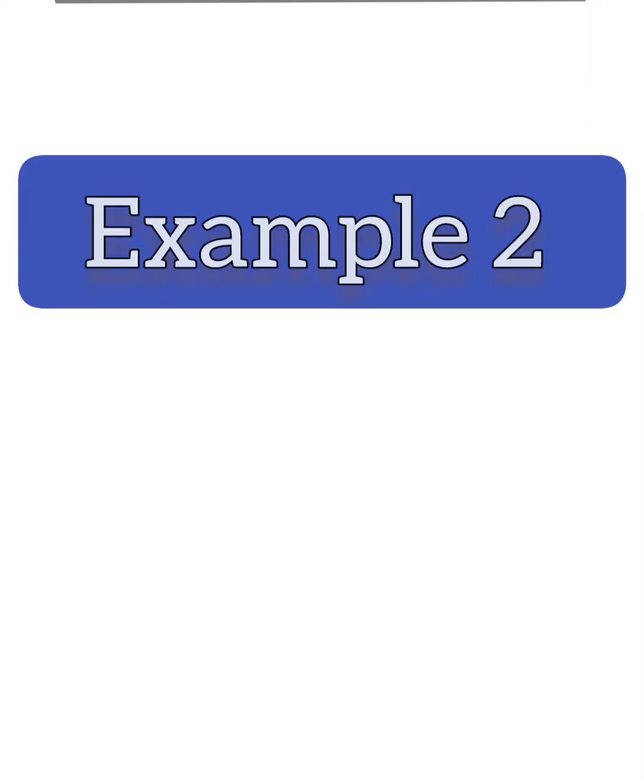In example 2, we're going to use the binomial theorem to expand (2x plus 3) all raised to the power of 4. So the expression we're going to expand here is (2x plus 3) all raised to the power of 4.